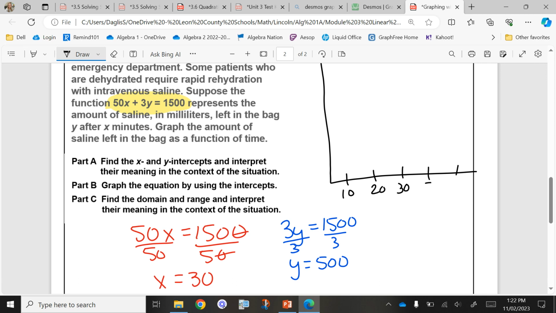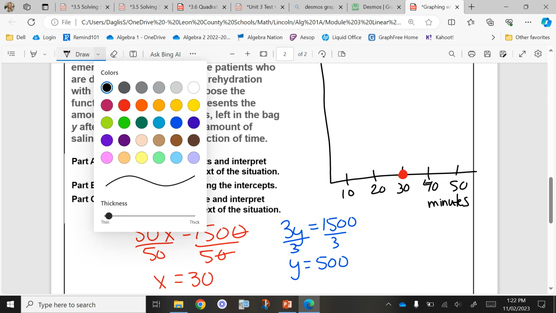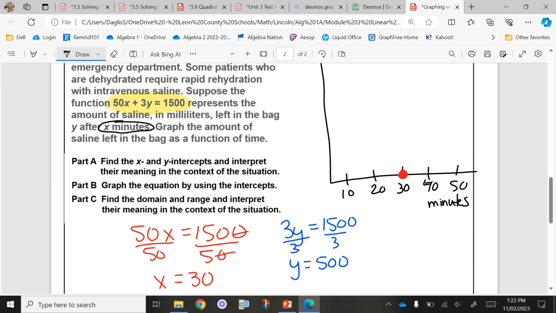What do our x's represent, by the way? What did it say? Oh, right here. X minutes, right? So this is minutes down here. And I'm going to go ahead and put a dot where it was 50. How do you want to count my y's? We got to get to 500. Let's count by hundreds. 1, 2, 3, 4, 500.